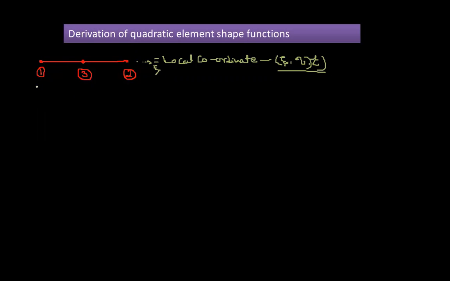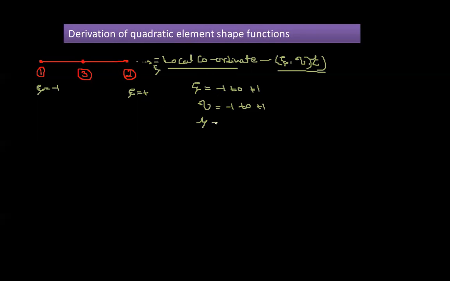At nodal number one, let us say zeta is equal to minus one. At nodal number two, zeta is equal to plus one. This means that in the local coordinate system, zeta always varies from minus one to plus one only. Similarly, eta in the y direction ranges from minus one to plus one, and theta also varies from minus one to plus one only. This is the advantage for deriving the shape function.